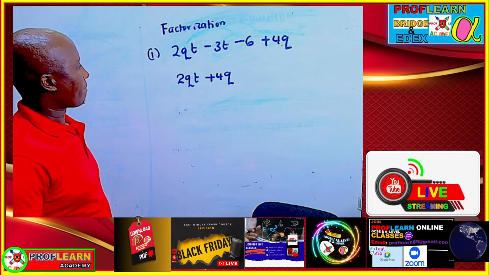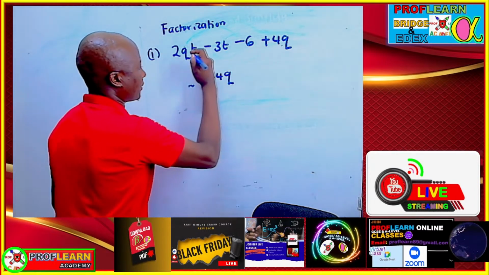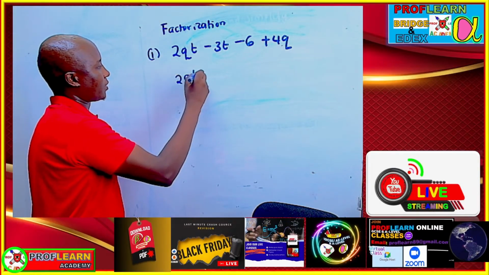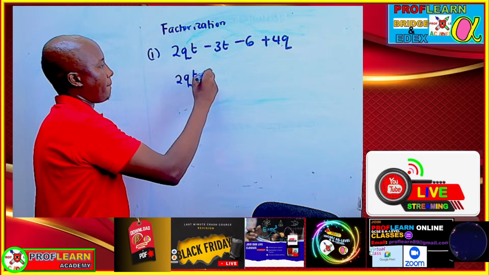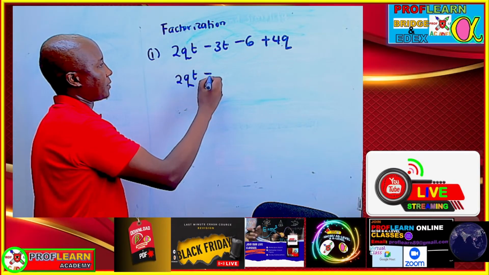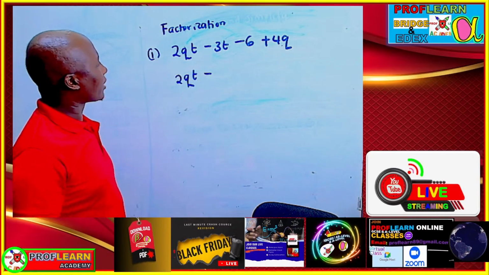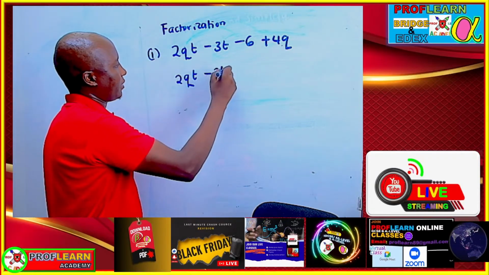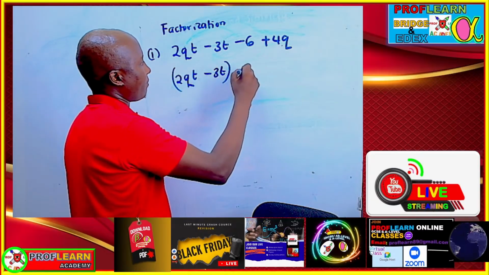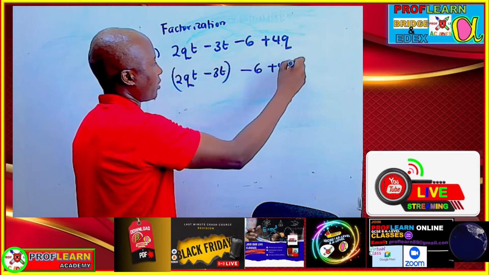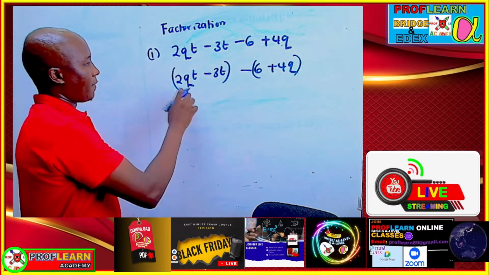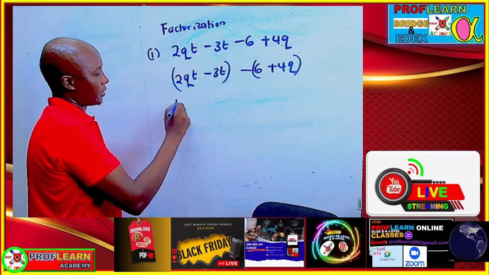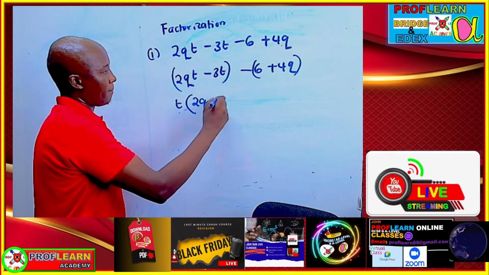Okay, what's the best way to factorize this? Let's just check. We group 2qt minus 3t together, and then minus 6 plus 4q, we also group together. Then we factor out t here, so we remain with t into bracket 2q minus 3.